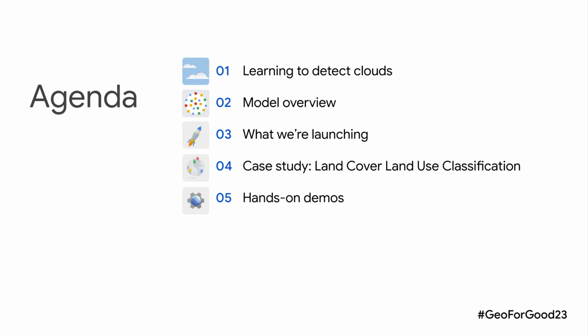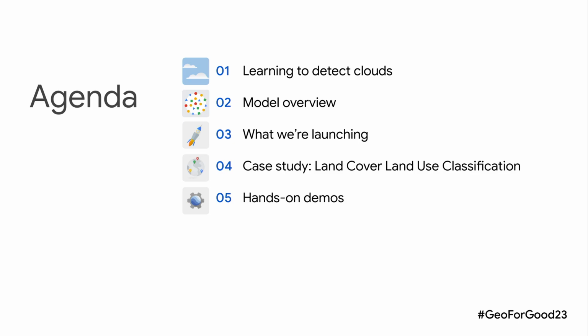So what are we talking about in this session today? We are going to go through a few different phases of this process. We're going to start with how the Cloud Score Plus model is trained, how it thinks about detecting clouds, really our own process of discovery here, and how to build a better cloud and shadow detection approach. We're going to go through a model overview.